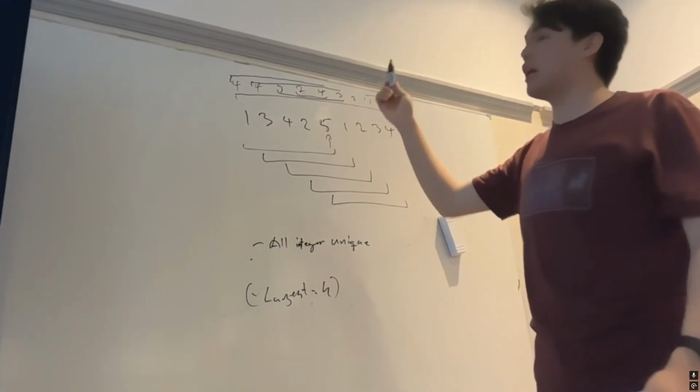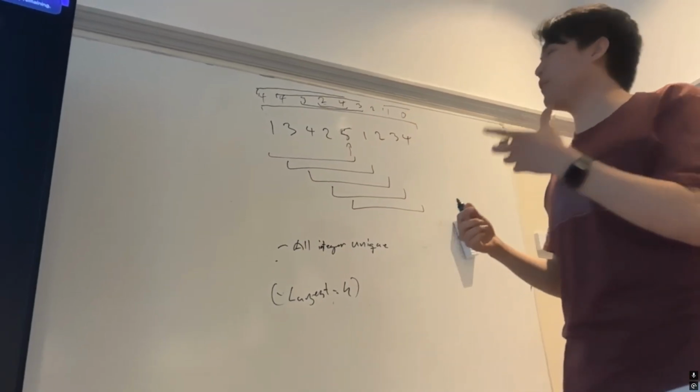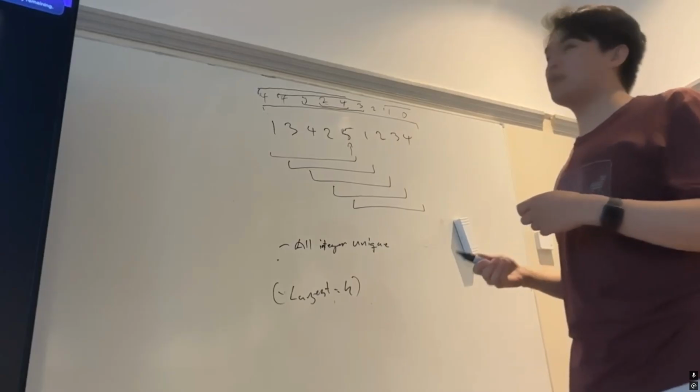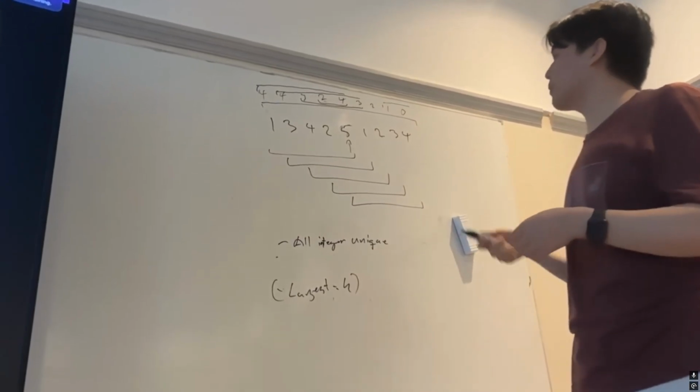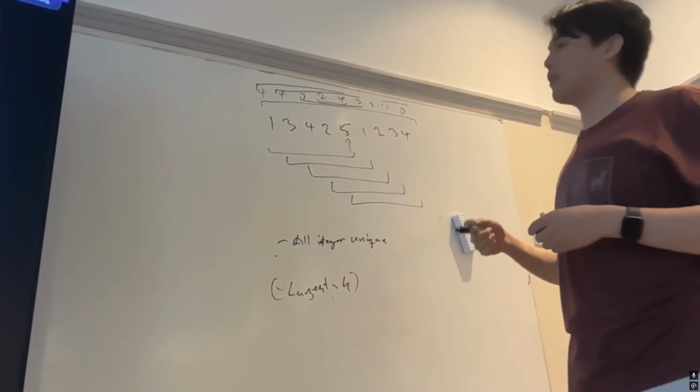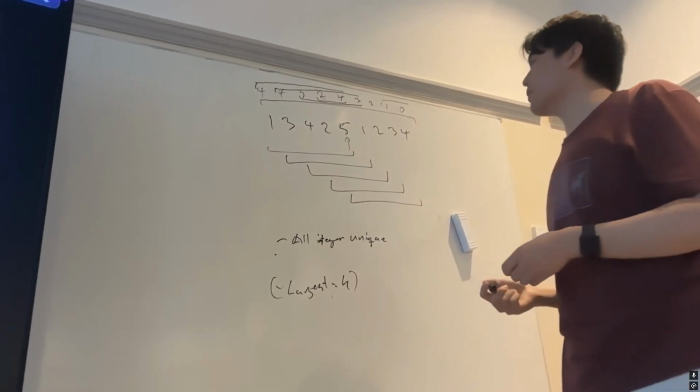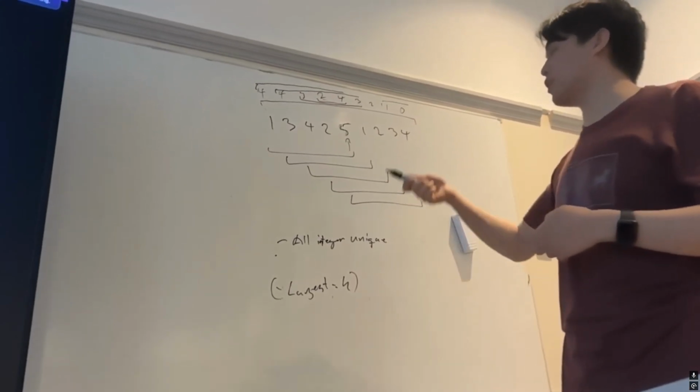We can do this using RMQ, a range maximum query. We can do it with a sparse table or with a segment tree. If we do it with RMQ with a sparse table, we can answer these queries in O of 1.